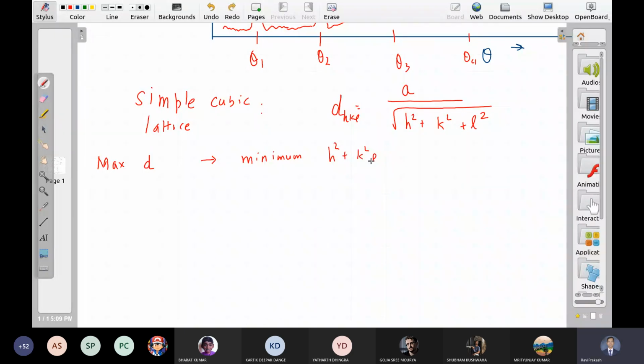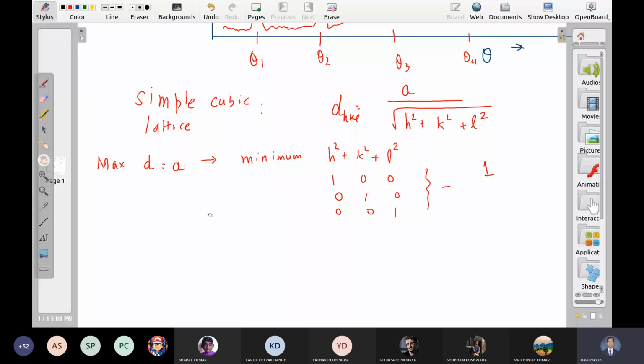What is the minimum possible value of this summation? You can put h 1, k 0, l 0, or choose 0, 1, 0. This is the minimal set, right? In all these three cases, the summation is 1 only, right? So what is the maximum value of d in this case? This square root is 1, so d is equal to a.